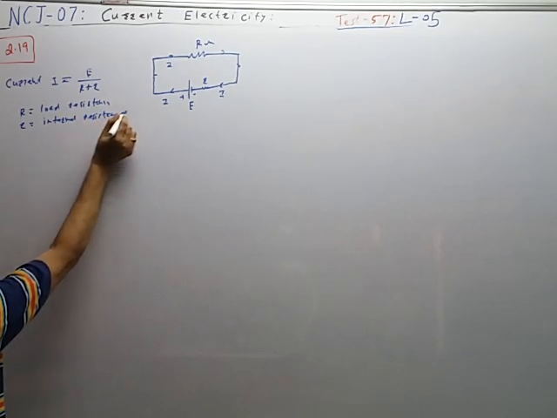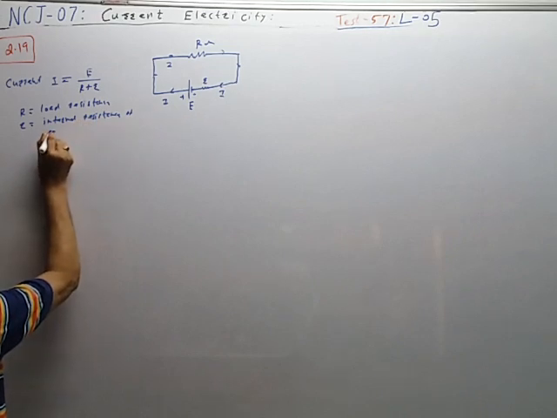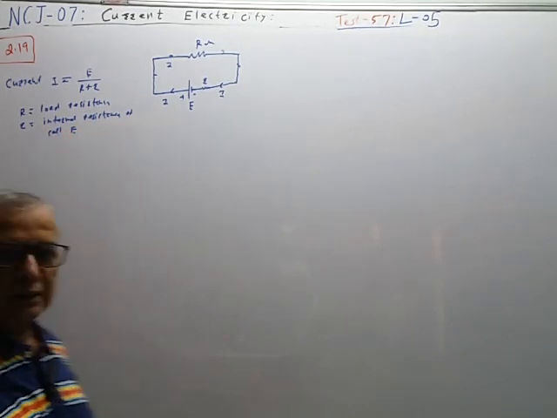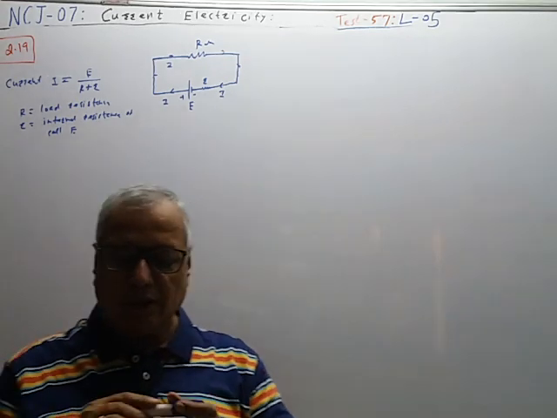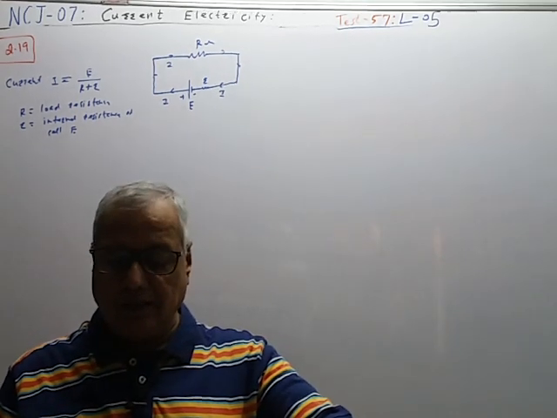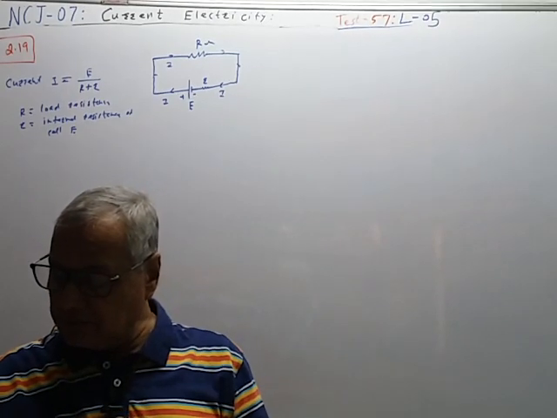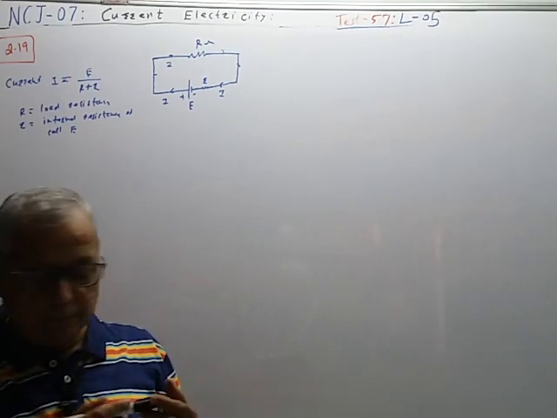So we require constant current, and therefore for constant current the requirement is the C.